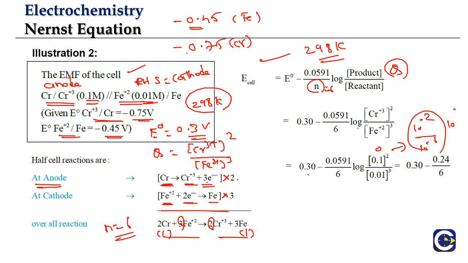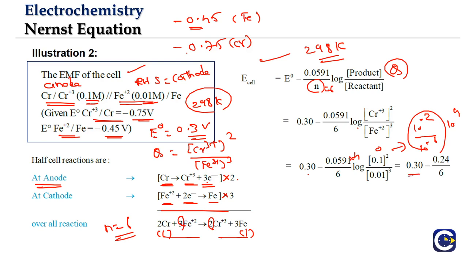Overall it will be 10 power 4. So log 10 power 4 will be 4. On simplification, 0.0591 into 4 will be approximately 0.24, because 0.06 into 4 is 0.24.